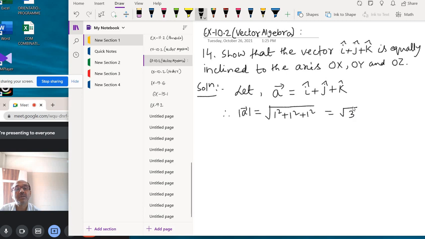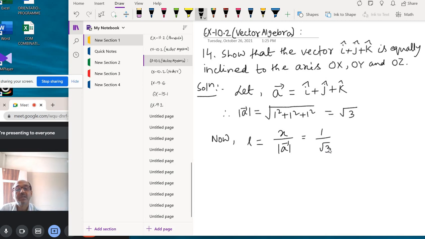Now l equals x by magnitude of the given vector A, and x is the coefficient of i, that is 1 by root 3.